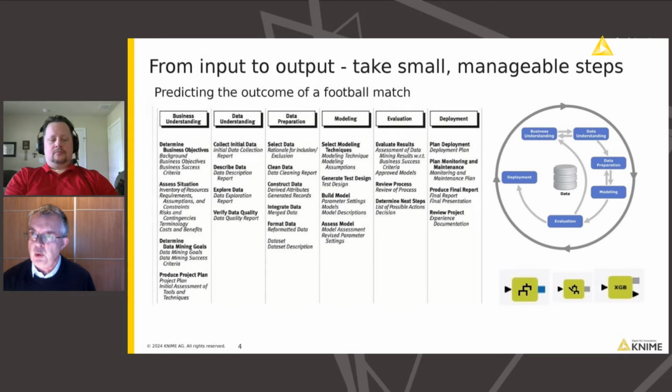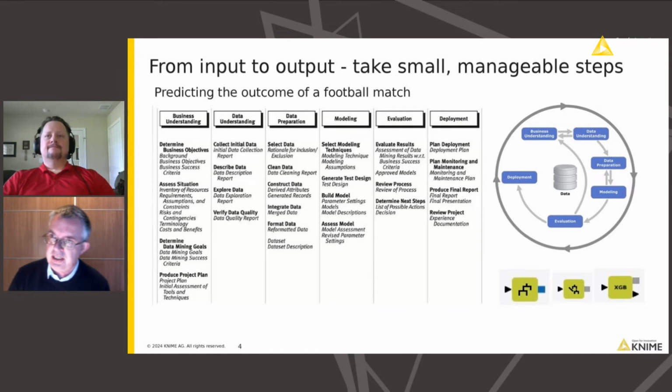And then my deployment. In my case, the deployment of my football prediction model is that we have a family football pool where I am participating in, and the outcome of my model is input for the family football pool. And there's also a nice thing.